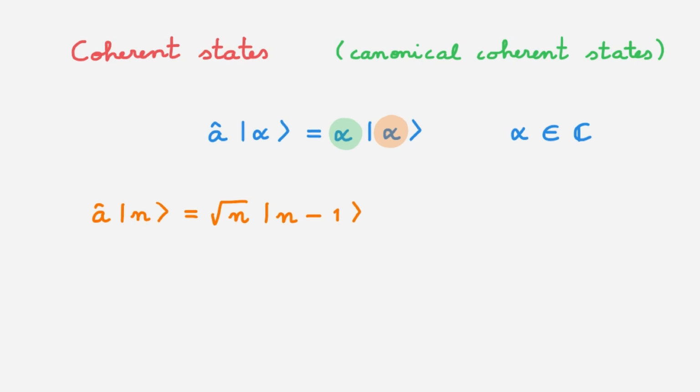And so given this, it may appear somewhat strange that the lowering operator can have eigenstates at all, as removing quanta of energy should definitely change a quantum state, right? Well, we will next build an explicit expression for a coherent state that will help us make sense of this.